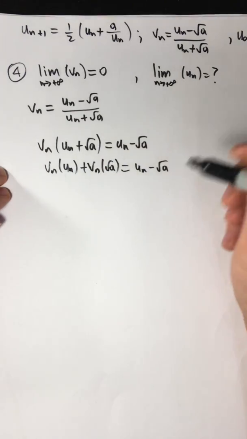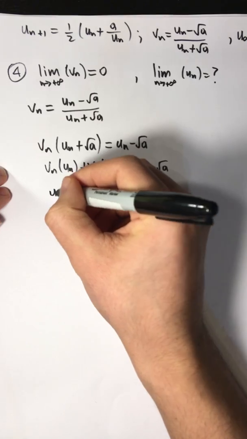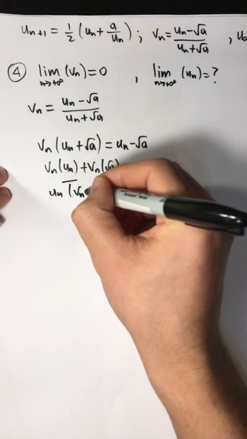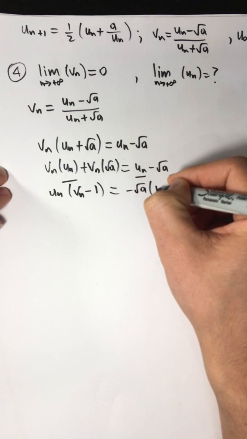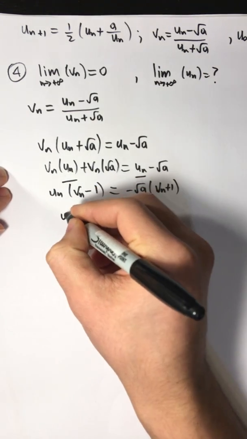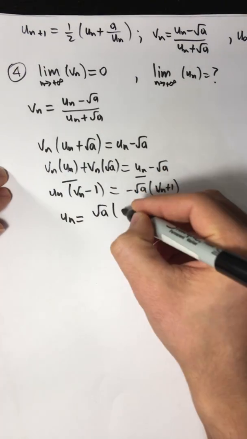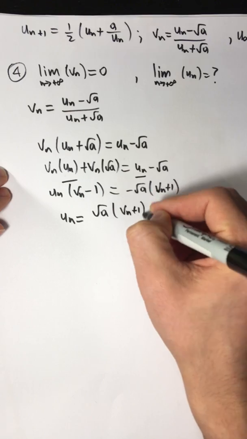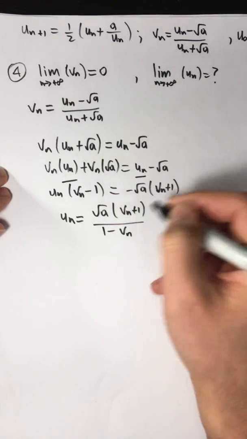Okay, in here, what I can do is, u_n is here, u_n is here. I take u_n out. So v_n times (u_n minus root a) equals u_n plus root a, and so u_n is equal to root a times (v_n plus 1) over (1 minus v_n), because I didn't write minus, it can be minus root a.